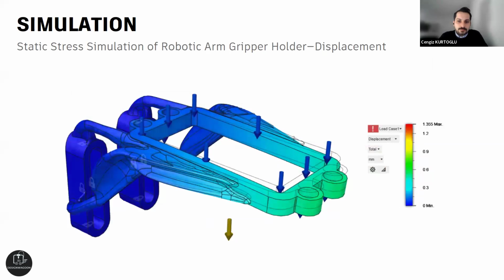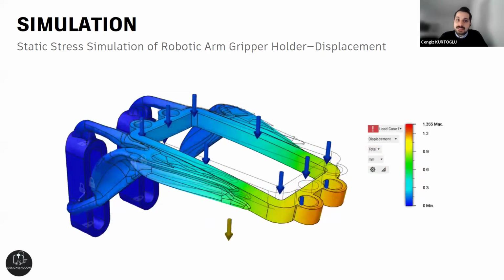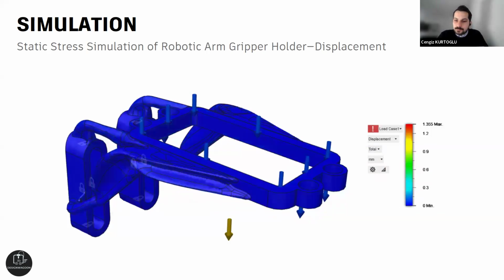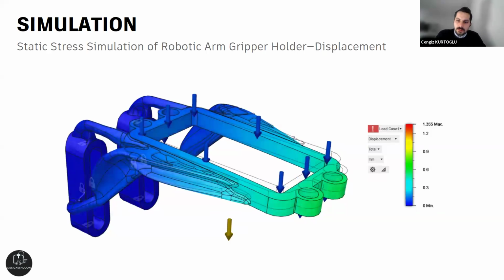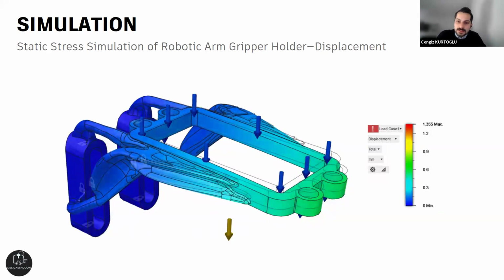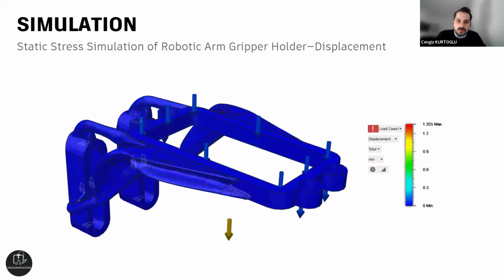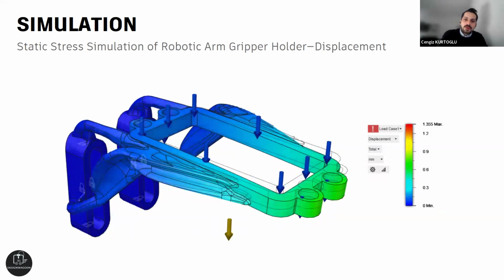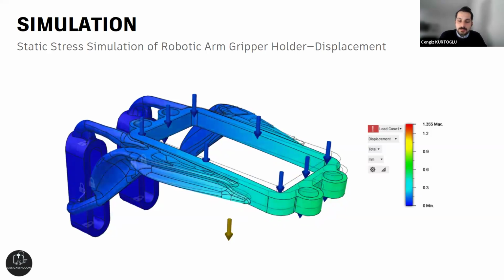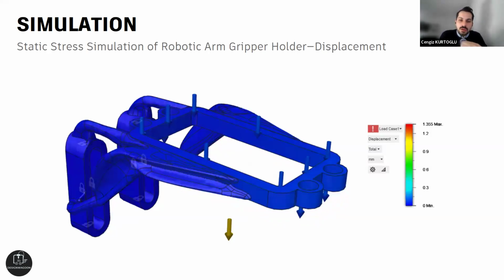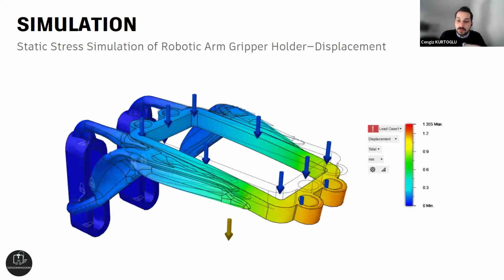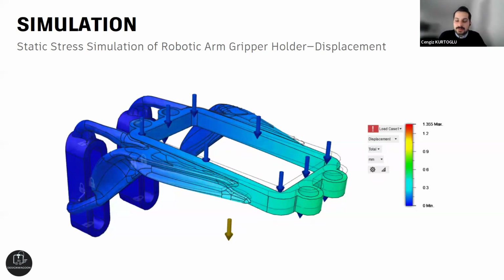Here is the result of a static stress simulation of the robotic arm gripper holder. As you can see in the displacement results, the load is on the rectangle of the inner part of the servo motor, which is holding the gripper holder, and all the arrows demonstrate the loads on the rectangular parts.